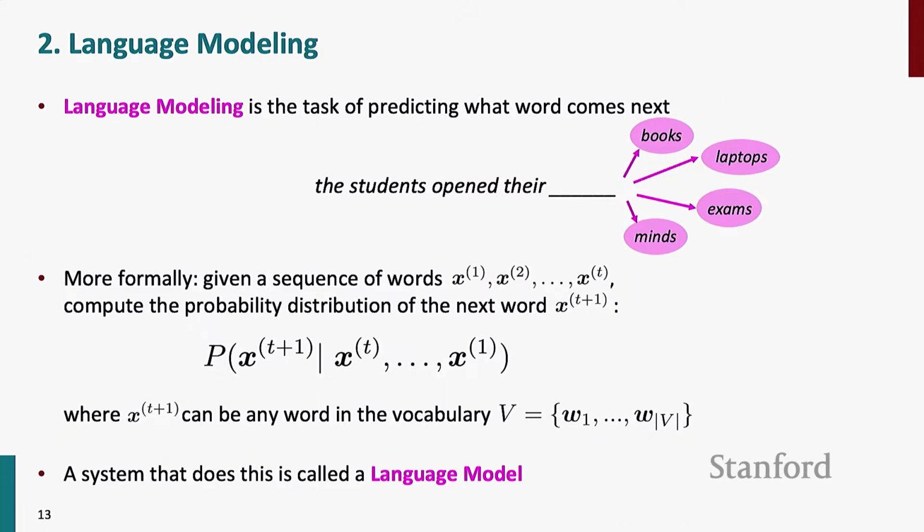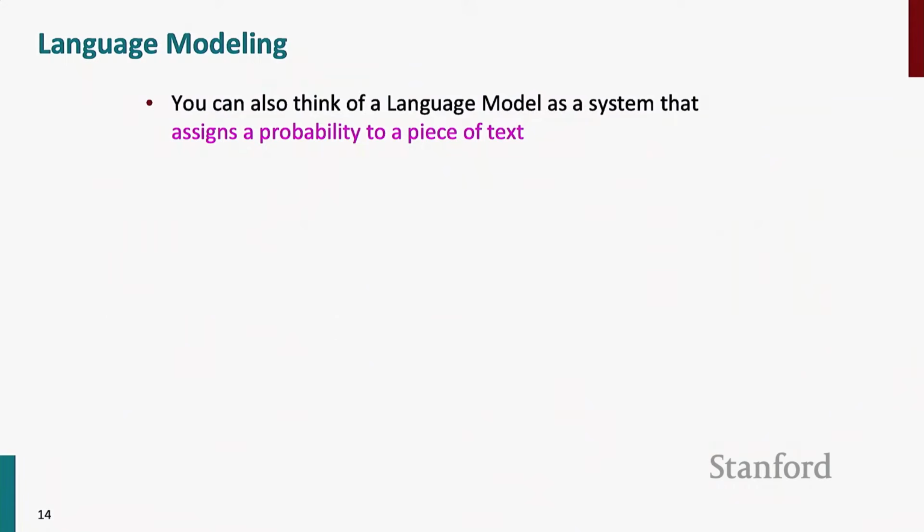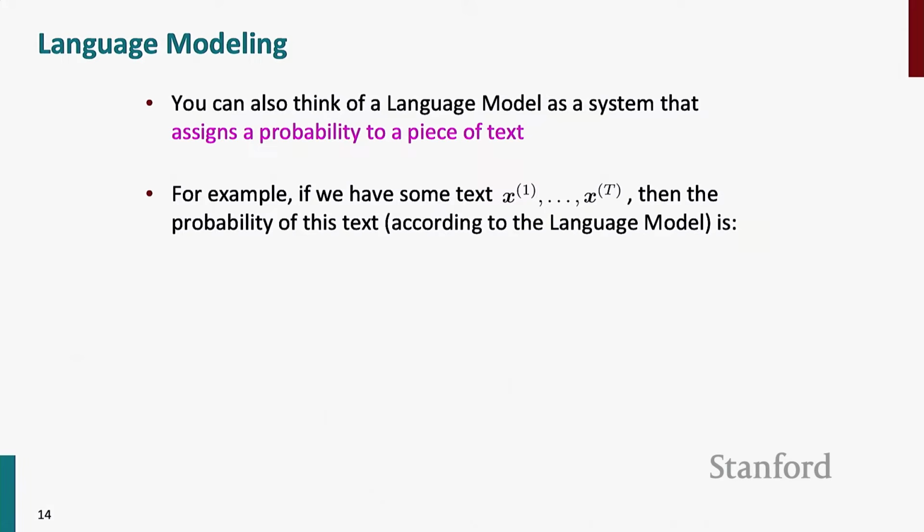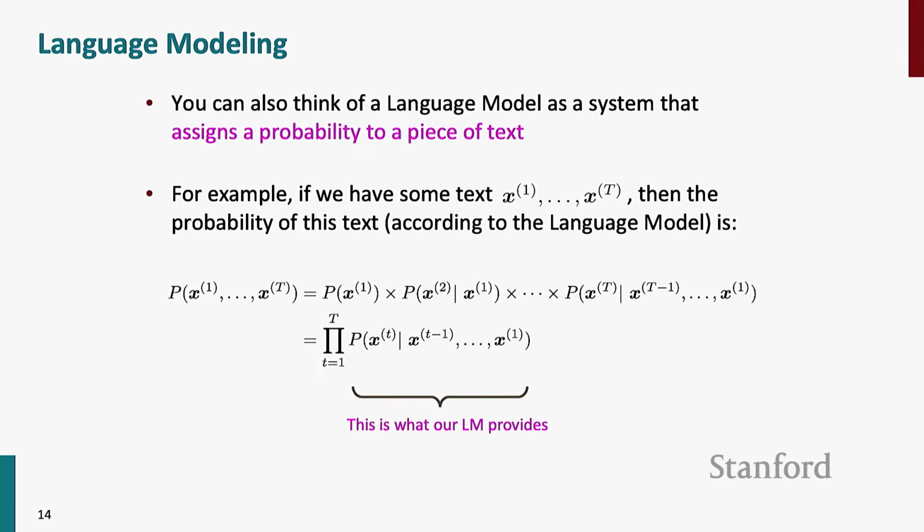An alternative way that you can think of a language model is that a language model is a system that assigns a probability to a piece of text. And so we can say that a language model can take any piece of text and give it a probability. And the reason we can do that is we can use the chain rule.